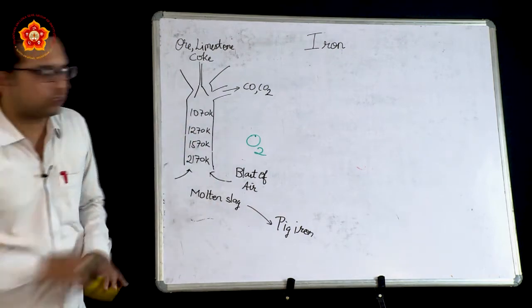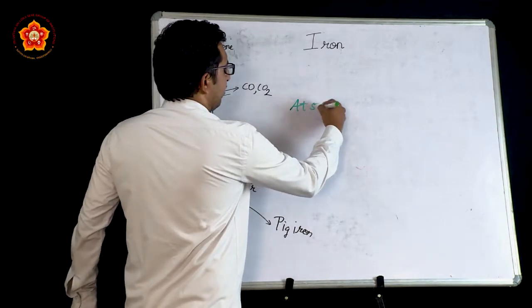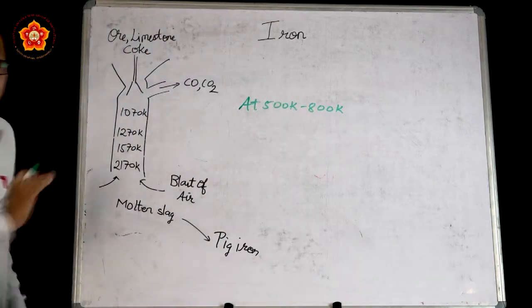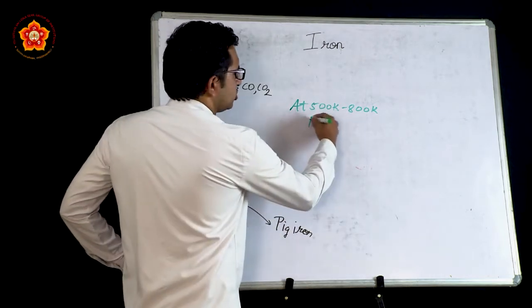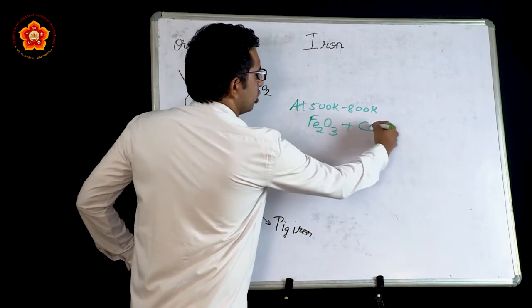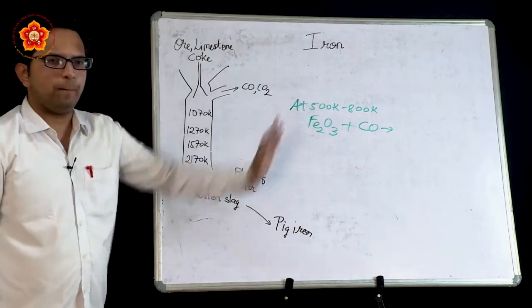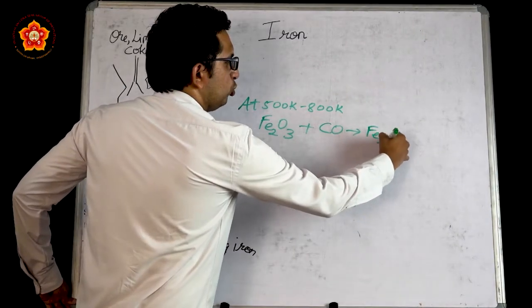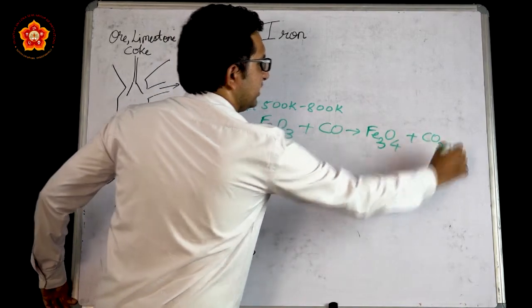In the first place, at lower temperatures, say around 500 Kelvin to around 800 Kelvin, the iron oxide, which is the hematite ore, reacts with carbon monoxide, which is taken as a reducing agent. This reaction leads to the formation of Fe3O4 plus carbon dioxide gas.